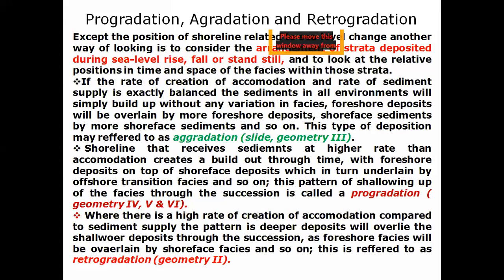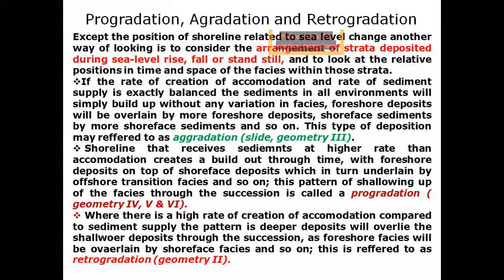So these are three terms which are used. Aggradation, when there is no vertical change, when there is a balance between the sediment supply and the sea level rise. Progradation, where sediment supply is more than the accommodation created by sea level rise, so the shoreline is moving towards the sea, with shallower facies overlying deeper facies.